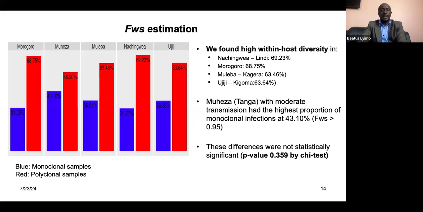Only Muheza in Tanga, which is a moderate transmission area, had a high proportion of monoclonal infection, at 43.1%. But when we used the chi-square to test whether this variation has any significant difference, we found that it was not statistically significant. Yes, there is variation which we observed, but the variation was not a significant difference.